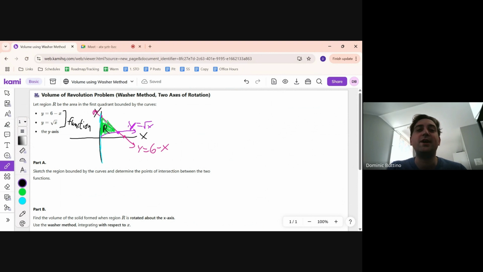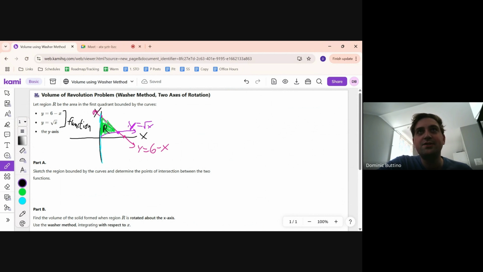And flashback, vertical line test. If a curve does not pass the vertical line test, it's not a function. That's okay. We have the tools now to be able to find areas for those. Okay, so again, let's use algebra and some smart reasoning to find what is that purple-pink intersection point.